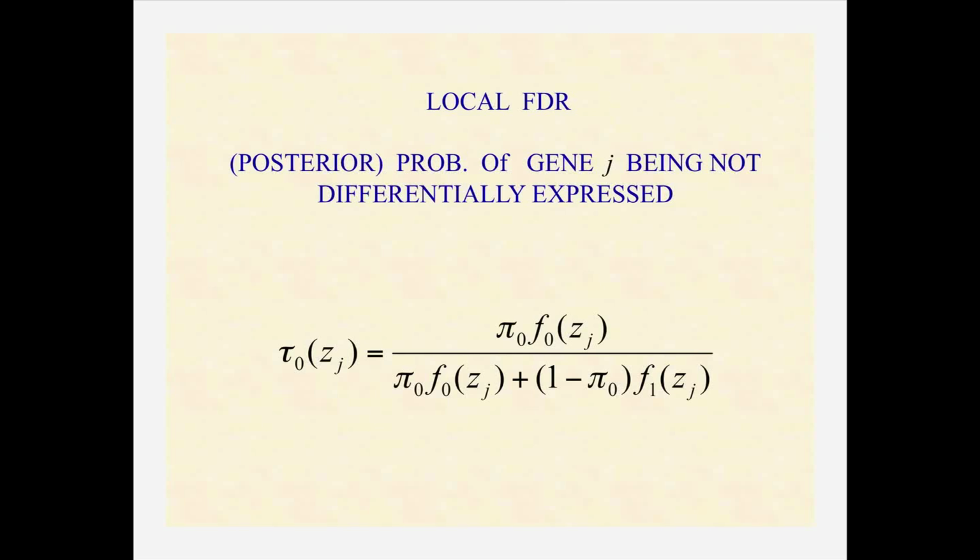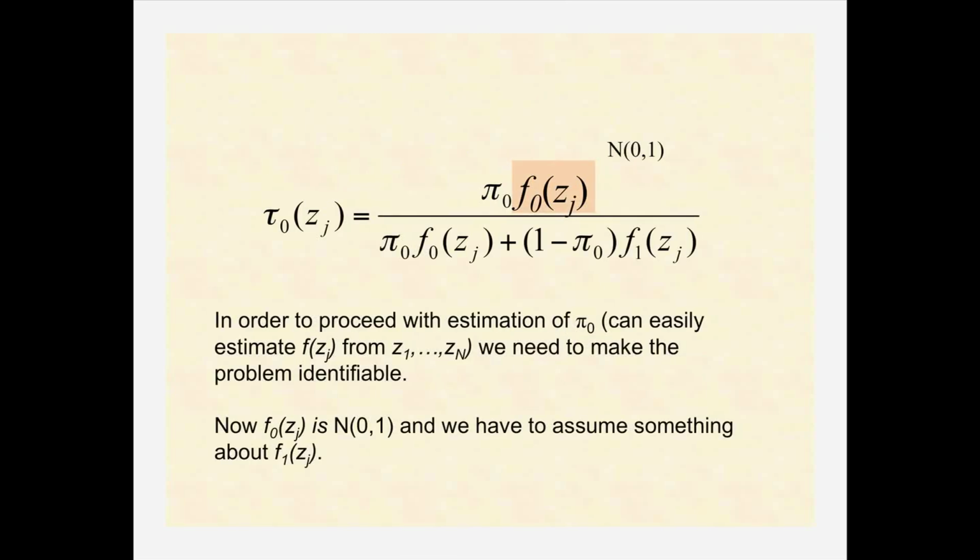Back to this local false discovery rate, we have to estimate it now. For the moment, we're assuming that the z-score has a standard normal distribution under the null. We're assuming that the p-value has been calculated under correct assumptions, and it'll have a uniform distribution under the null. So that means the z-score is a normal 0,1.